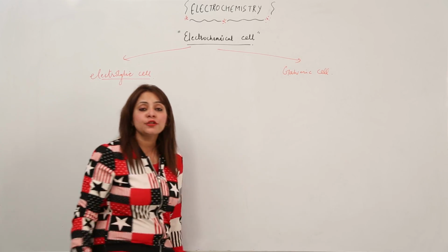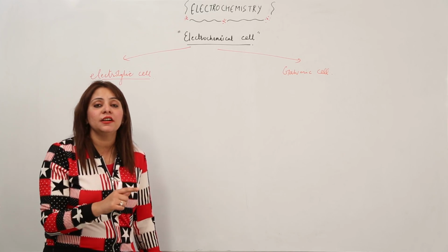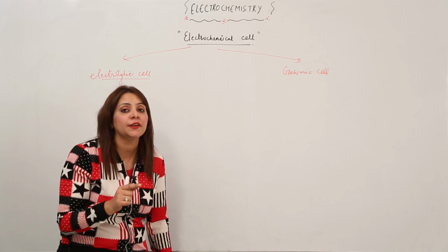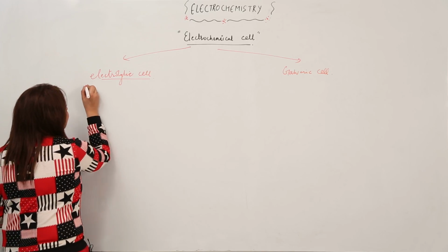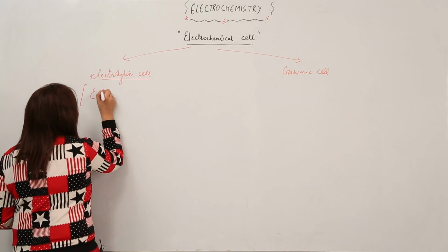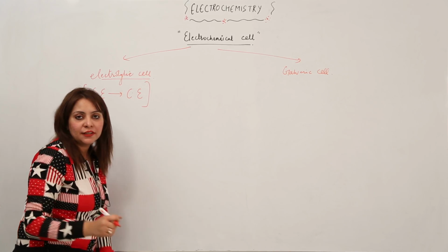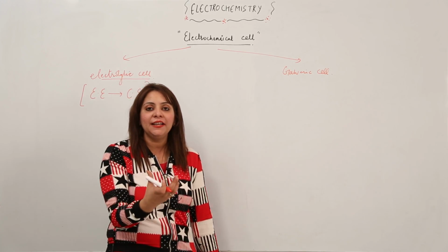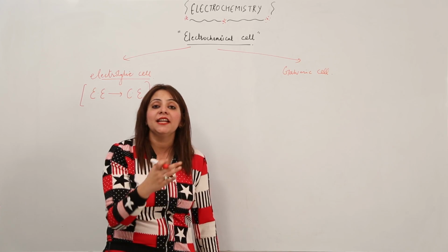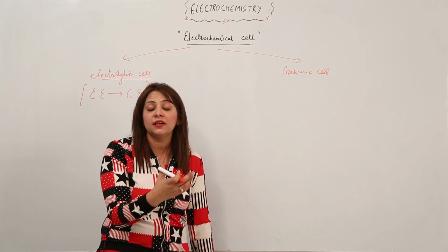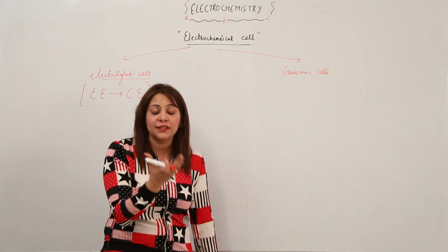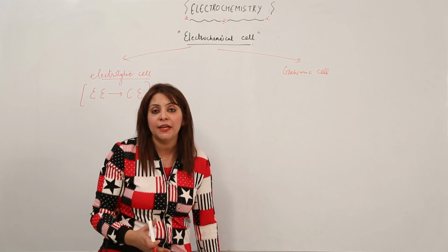So first of all, you should know which kind of conversion occurs in these cells. In an electrolytic cell, electric energy is converted into chemical energy. By looking at it, it should be clear that we will be applying an external source of current, and due to that external source, the chemical reaction will take place, right?